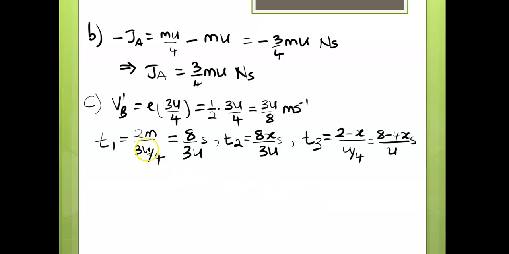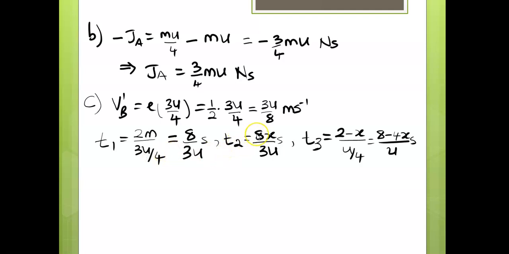So these respective velocities we need to take note of. The first stage is this distance of 2 meters, and the velocity of B after that first impact is 3U over 4.